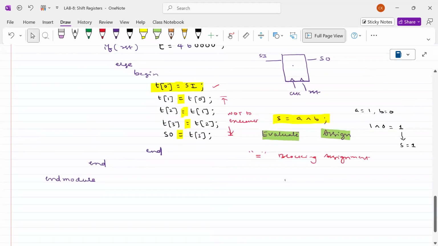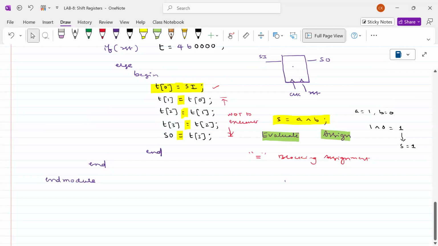Okay, is this point clear to everyone? Next. Because of this, what will the synthesis tool realize? Not the simulation tool, the synthesis tool will realize only one single-bit register, one single-bit flip-flop. But actually, our intention is 4 flip-flops. Therefore, we have to modify this particular one with the non-blocking statement.